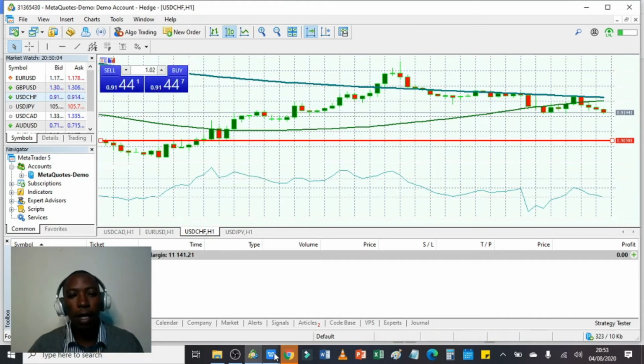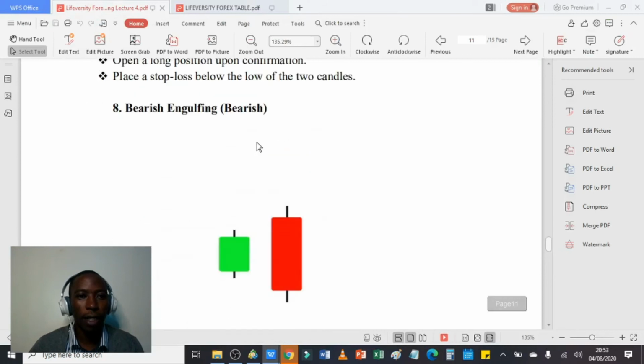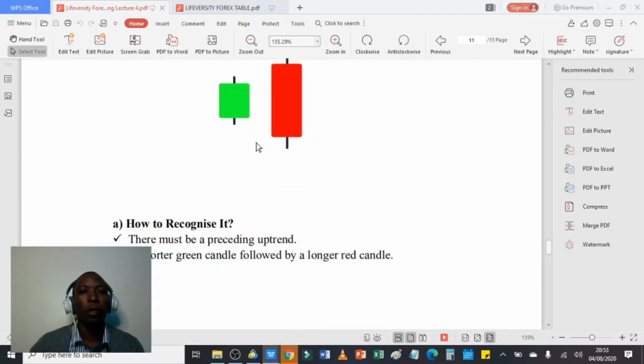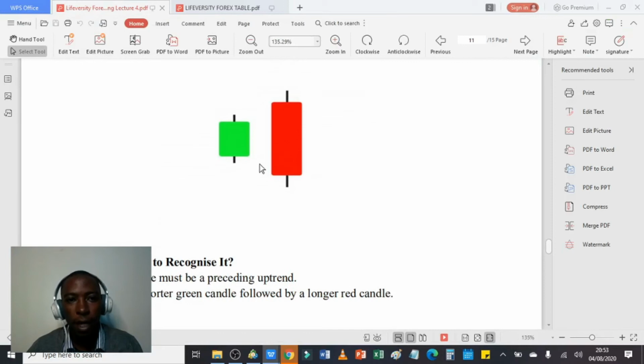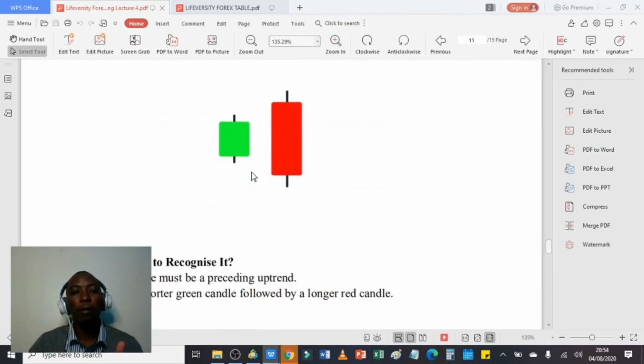indicate buying pressure. We head over to the next pattern, that is the bearish engulfing, the opposite of bullish engulfing. Here it is, a small green candle, or a small bullish candle, followed by a big bearish candle. In the case of bullish engulfing, there was a small bearish candle followed by a big bullish candle.